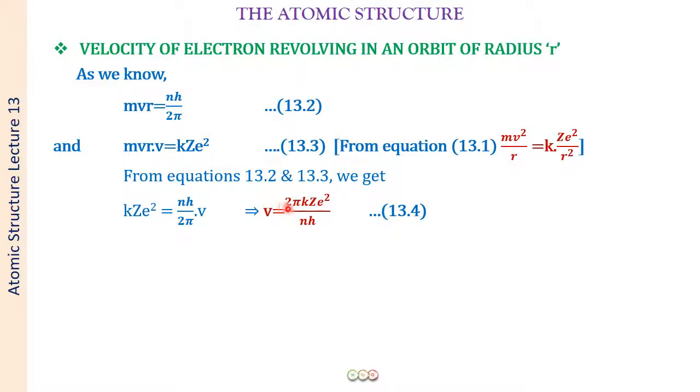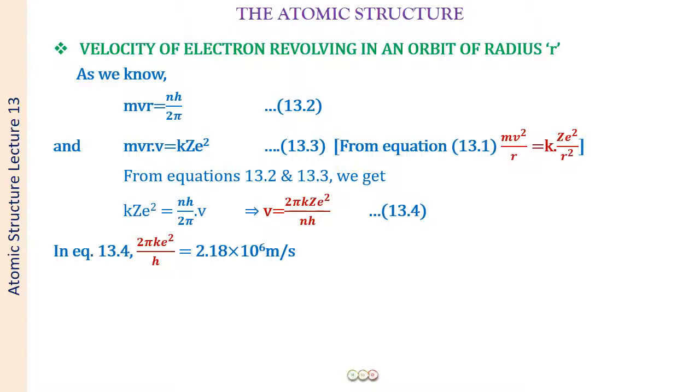So 2 is a constant, pi is 3.14, k we have just now said is 9 into 10 power 9. Then we have e, the charge on the electron, that is 1.6 into 10 power minus 19, and h, the Planck's constant, 6.626 into 10 power minus 34. So all these values are constant, so we can just calculate what the value of all these becomes. The value of all this becomes 2.18 into 10 power 6 meter per second.